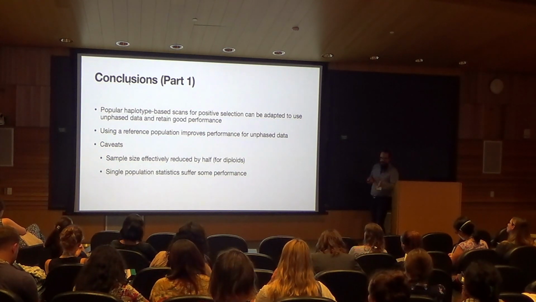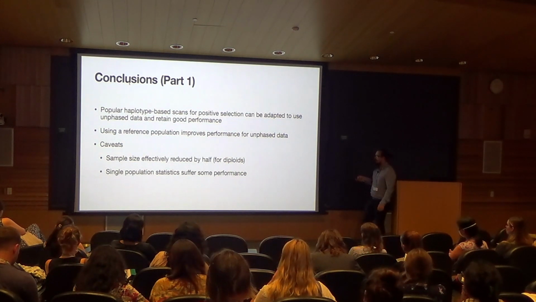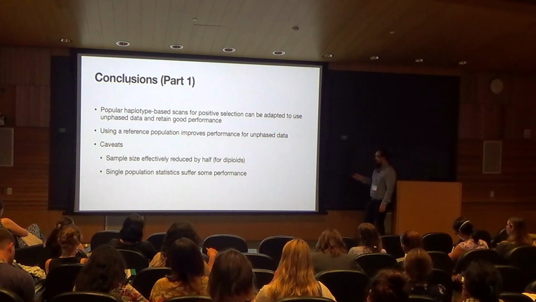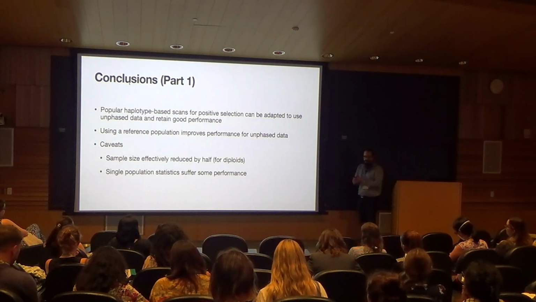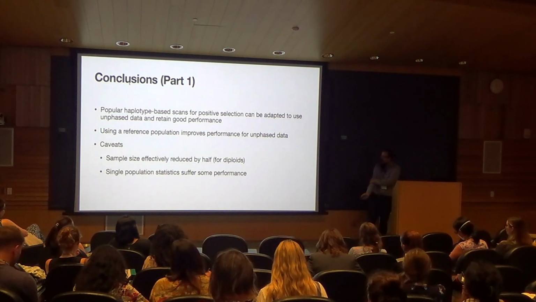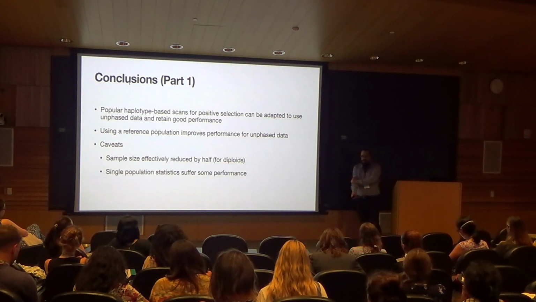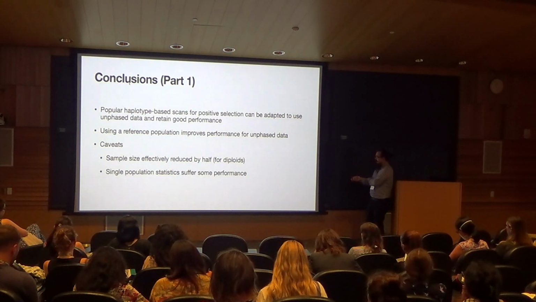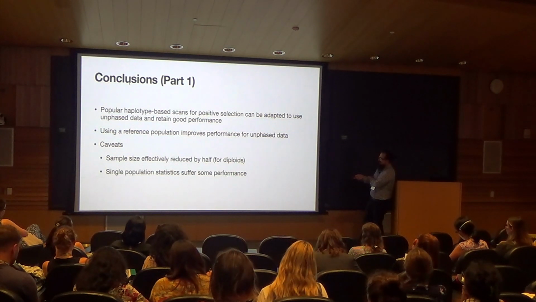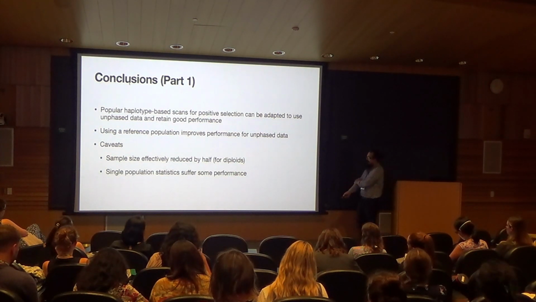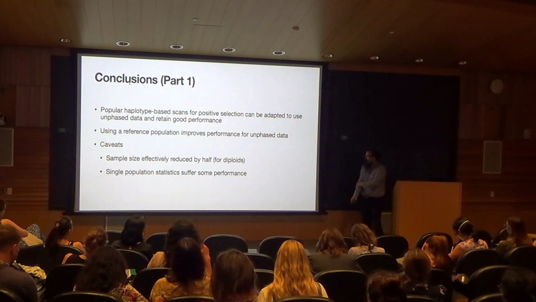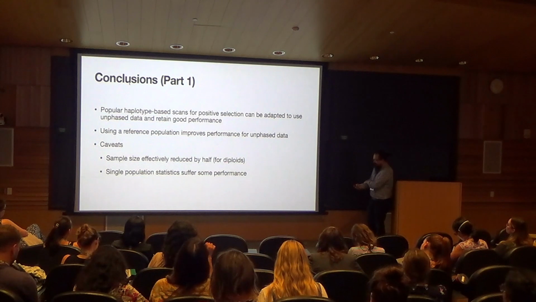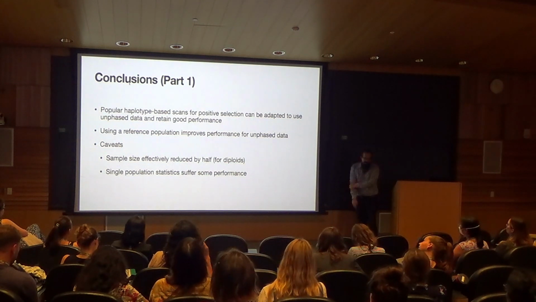Maybe a little less good if you only have the single population. And I just want to point out that one of the problems with this approach is your sample size is effectively cut in half, at least for diploids, so that's something to be aware of. The single population statistics suffer a little bit of performance, but if it's the best you can do, then it's the best you can do. So this is the first part.